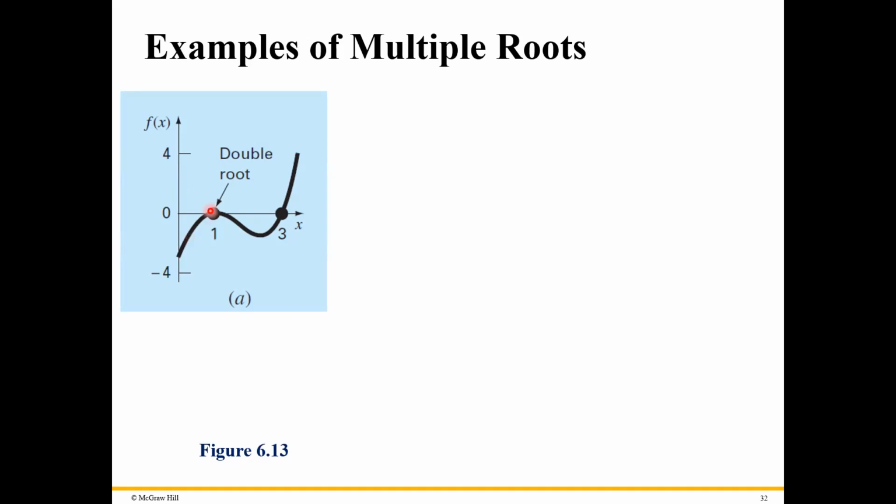But since we know that this is a double root, we can say so when we plot it. Later on we will discuss whether it is an even-numbered root or an odd-numbered root. In this case, at point 1 it is a double root, and at point 3, of course, the curve crosses, so this is a single root.